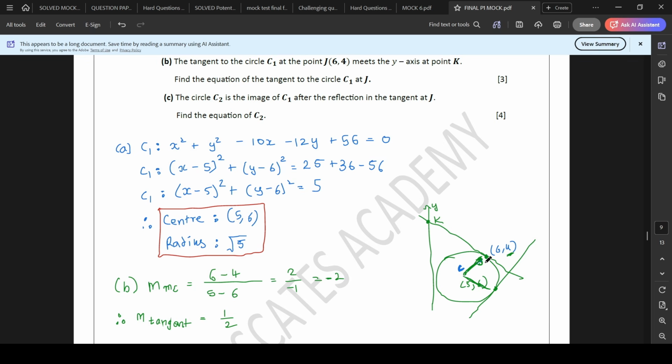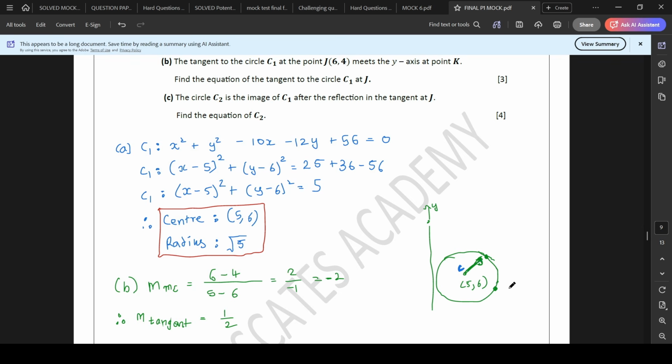Just because of our orientation of where I have marked my point J, we have got a problem in the diagram. It's fine, and this is something that I can identify very easily. It's not that the gradient should have been negative, because this diagram is not to scale. But if you want to be a bit cautious, you can just erase this part and draw it again so that you are not having any kind of confusion looking at the diagram.